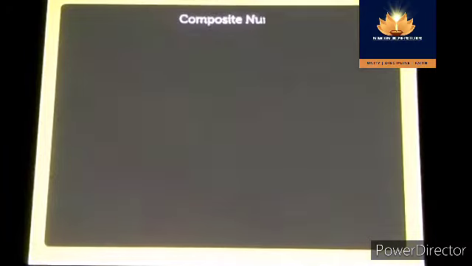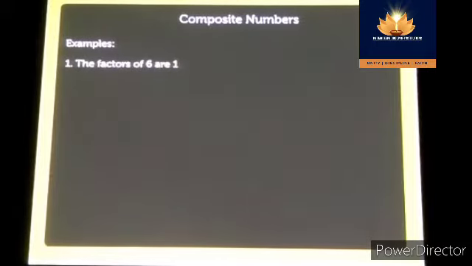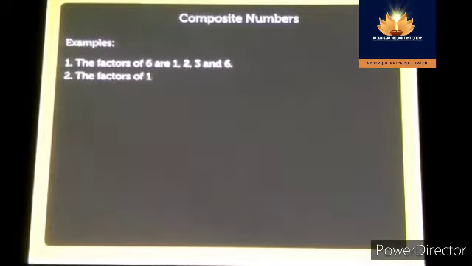Let us see the composite numbers. Look at these examples. The factors of 6 are 1, 2, 3 and 6. The factors of 14 are 1, 2, 7 and 14.